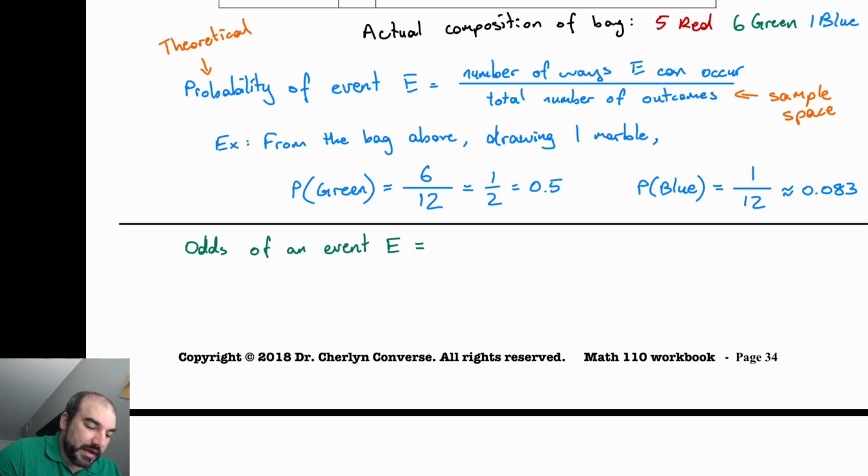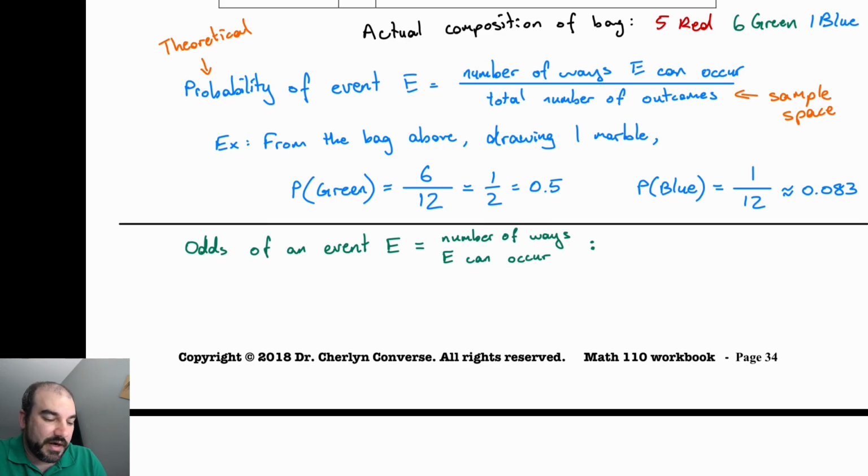We're going to say number of ways E can occur, to, and we're going to use a colon there to signify the "to". So this will be one number, right?